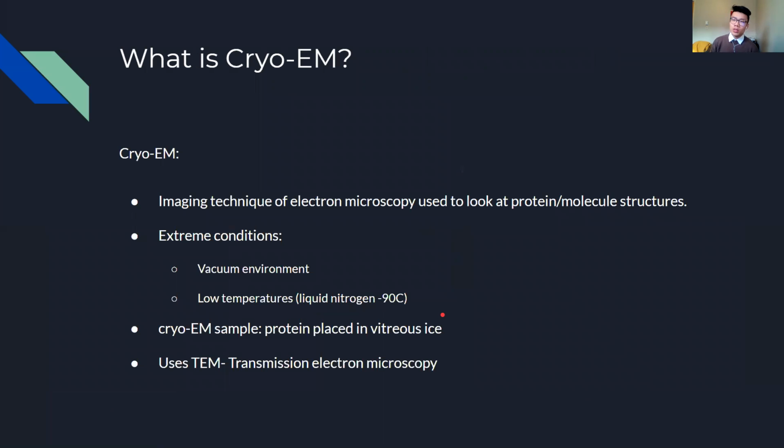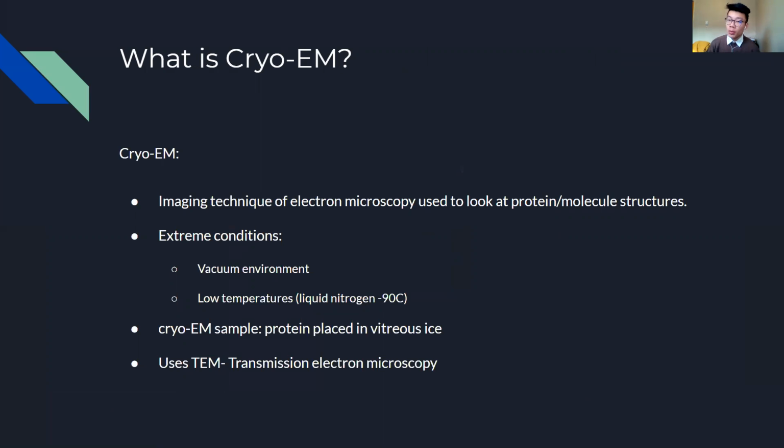And so now, what is cryoelectron microscopy? Cryoelectron microscopy is an imaging technique of electron microscopy used to look at protein or molecular structures. This is done typically in extreme conditions, in a high vacuum environment as well as at very low temperatures of around minus 90 degrees Celsius.